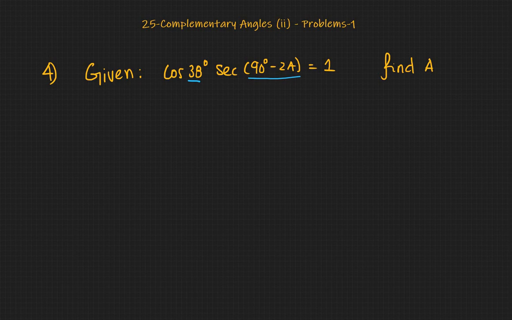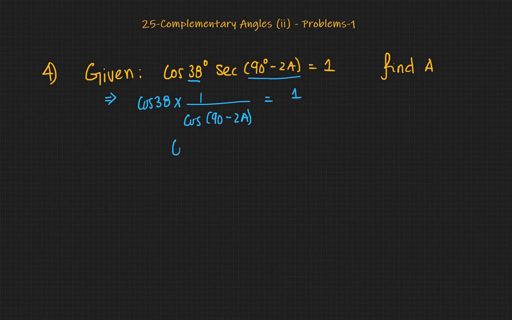So this implies that cos 38 into 1 by cos of 90 minus 2a is equal to 1, because secant is 1 by cos.